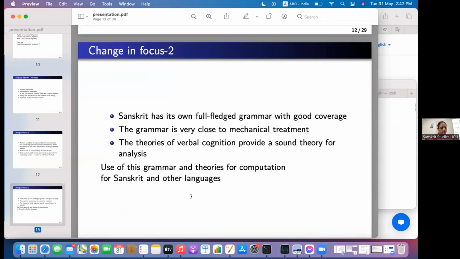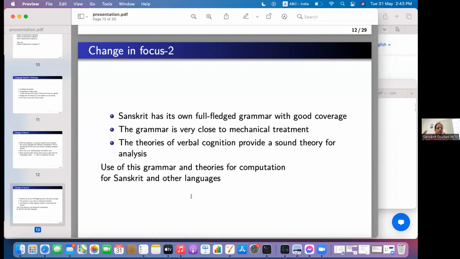The second thing is that, unlike other languages, Sanskrit has its own full-fledged grammar with good coverage, which is close to mechanical treatment. Then the theories of verbal cognition also provide a sound theory for analysis. Thus we have the grammar for generation and the theories of verbal cognition for analysis.